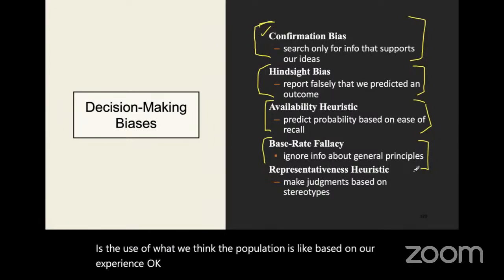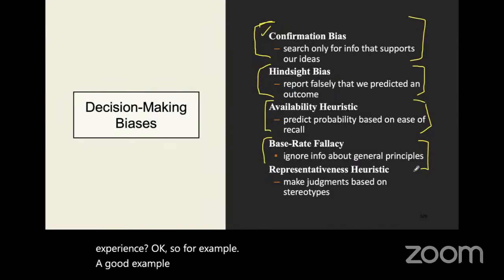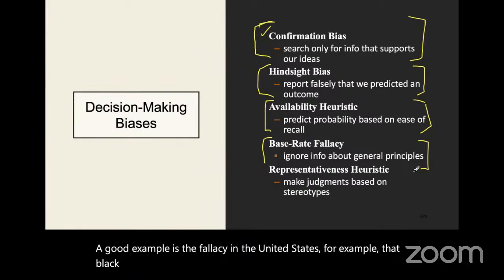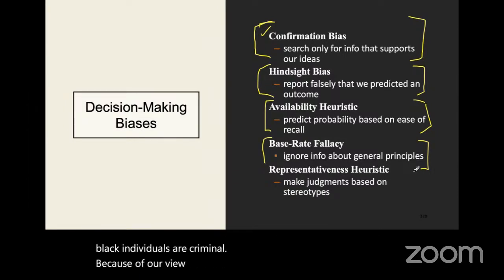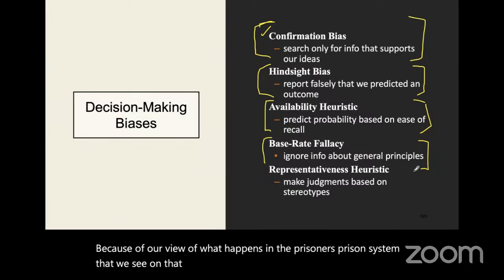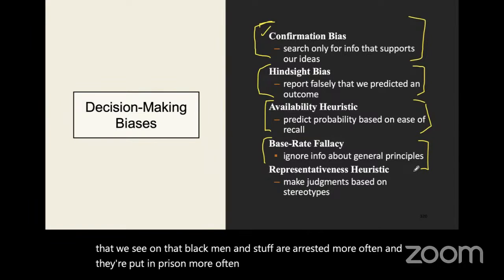So for example, a good example is the fallacy in the United States that Black individuals are criminal because of our view of what happens in the prison system, that we see that Black men are arrested more often, and they're put in prison more often, and therefore those individuals must be more criminal-like.